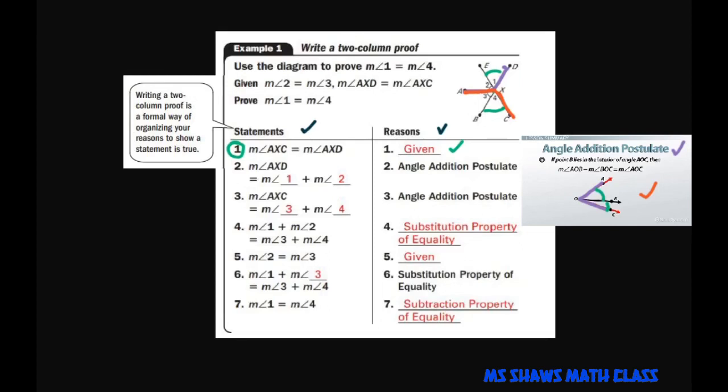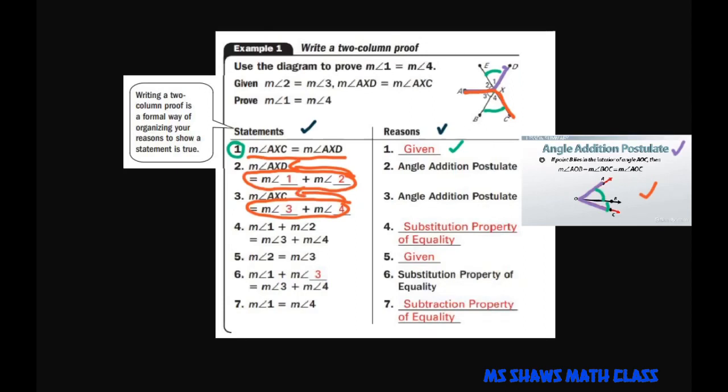We know that the measure of angle 1 plus the measure of angle 2 equals the measure of angle 3 plus the measure of angle 4, because this is given. And we just use substitution. So we substituted this in for this one, and this in for that.